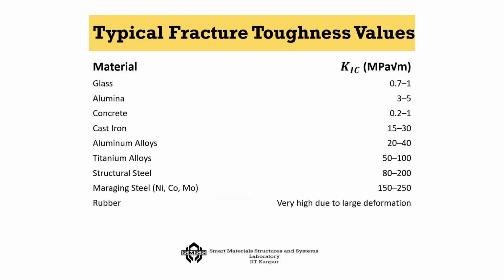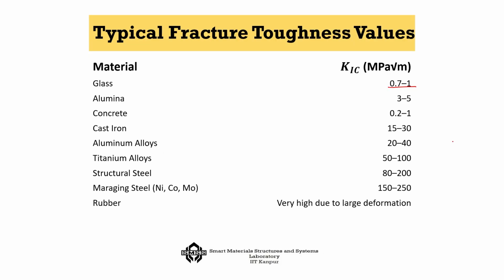Now, let us look into that from the fracture point of view. If I want to look into the materials, then what is the KIC scenario? Well, you can see that the KIC is possibly the lowest in glass. In fact, glass contains a lot of micro cracks.